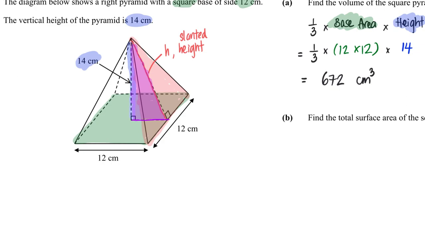So this purple color triangle will allow us to find the height of the triangle, because I do have the vertical height 14, and this purple color length happens to be the midway point. So if I have 12 as the side of this particular square, this is in the middle, I will have 6 here.